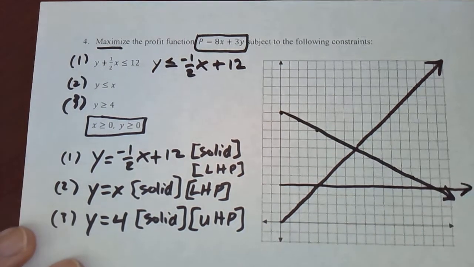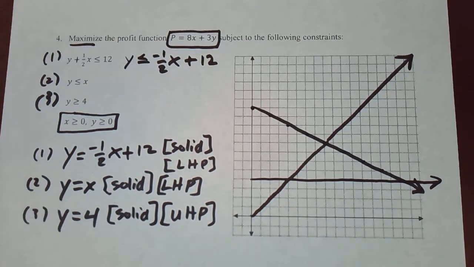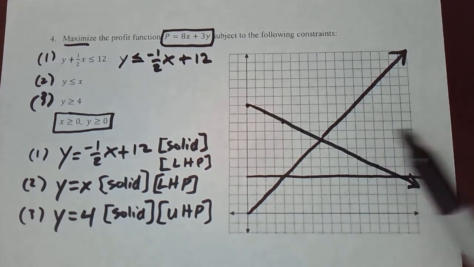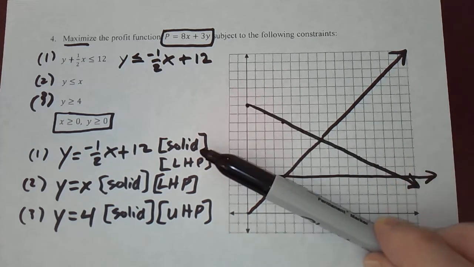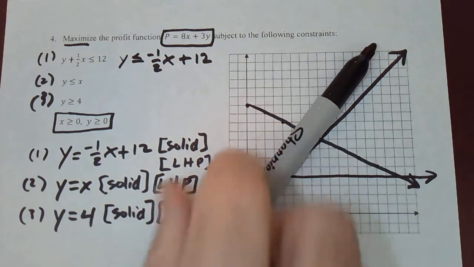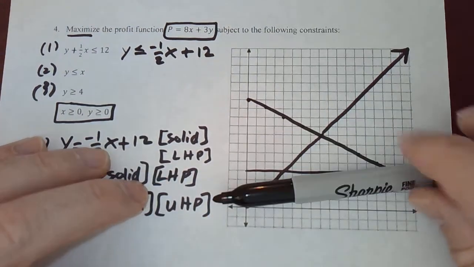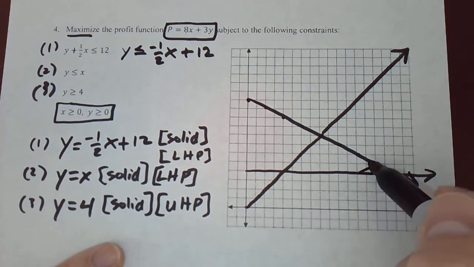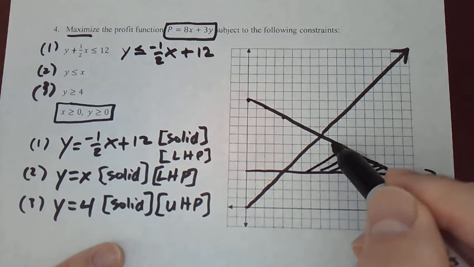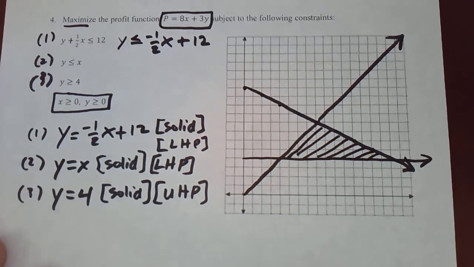That horizontal line. So it should be easy which region we're going to shade, our feasibility region. It's the only single region that's below this line, below this line, and above the horizontal line. So it's going to be exactly this triangle. Okay, that wasn't too bad.